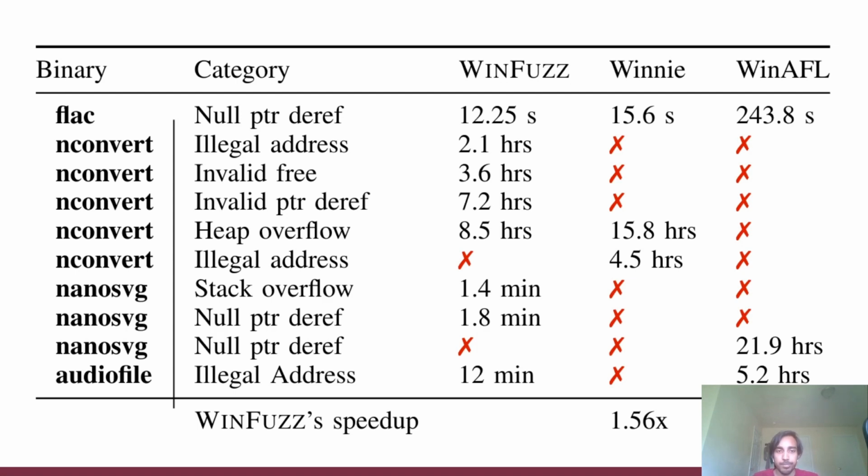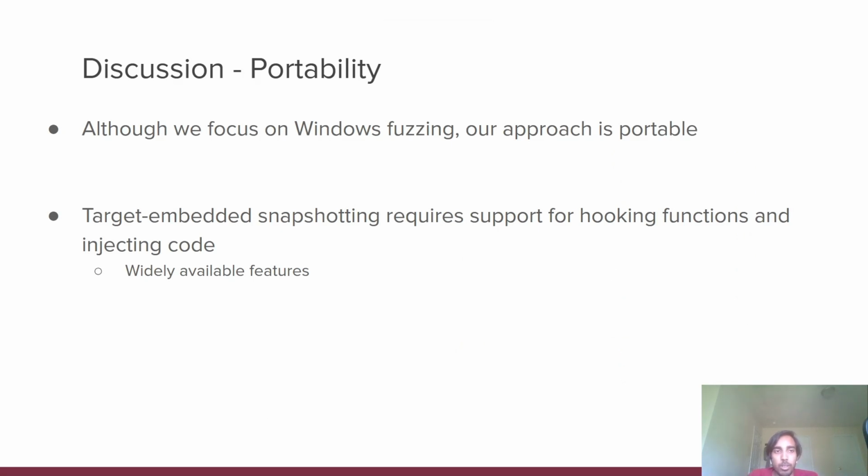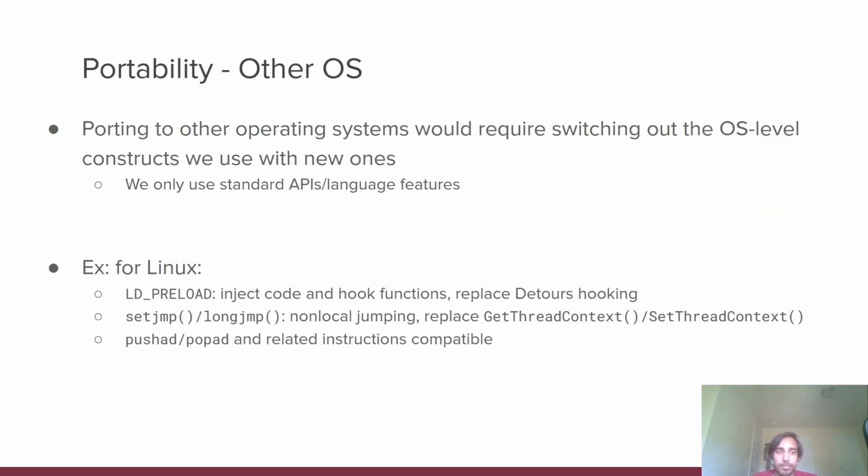it in minutes. Now, although we focus on Windows fuzzing, the approach that we took is portable across different platforms as well as architectures. Targeted embedded snapshotting requires support for only hooking functions and injecting code, which are widely available features across different operating systems.